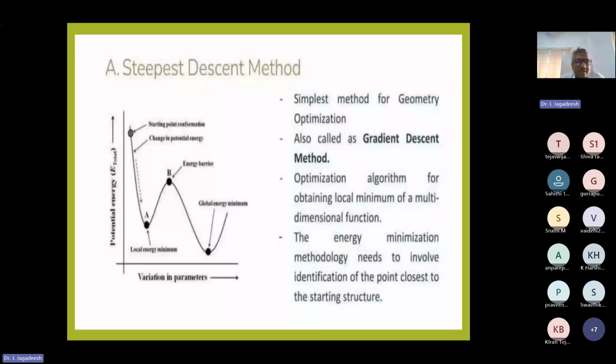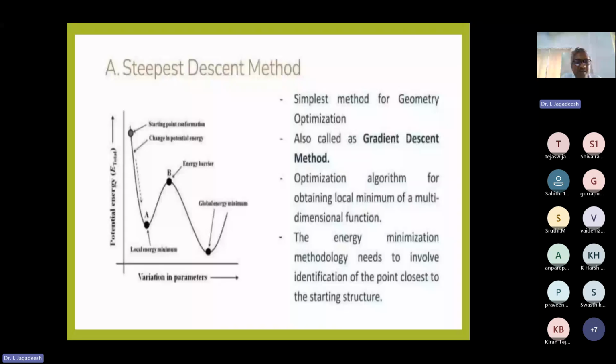In the gray ball, when you are varying parameters like atomic bond lengths and atomic bond angles, you have come to the local energy minimum, that is A. So slowly you are doing reiterations from the starting point conformation. You are making a change in the potential energy. It is coming down, slowly coming down. So you are happy, but you have got a point A. This is the local energy minimum.